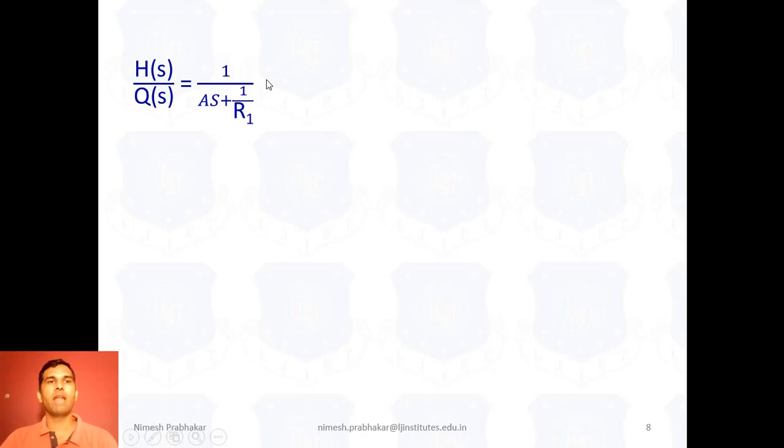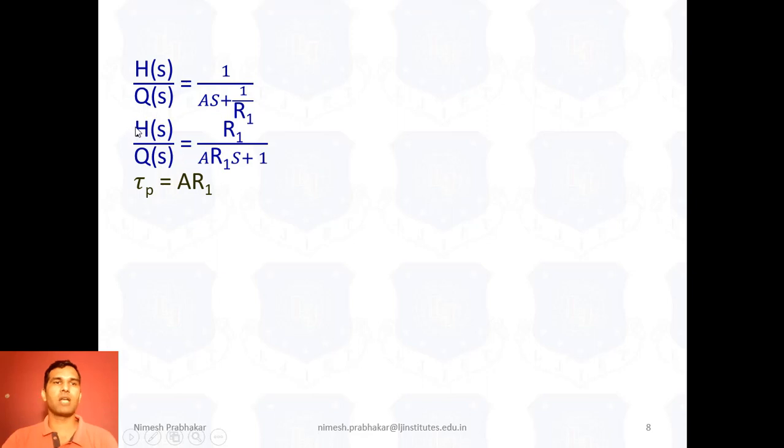We know H of S upon Q of S is nothing but the transfer function. Multiplying by R1, we get H of S upon Q of S is equal to R1 upon (A R1 S plus 1). Now we compare this equation with the first order general equation.